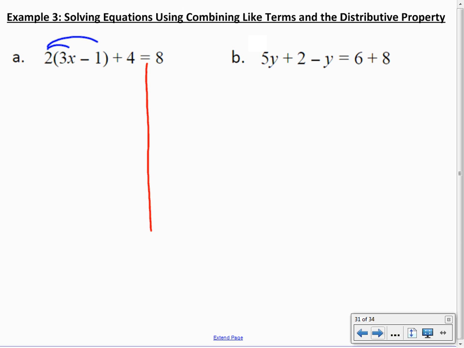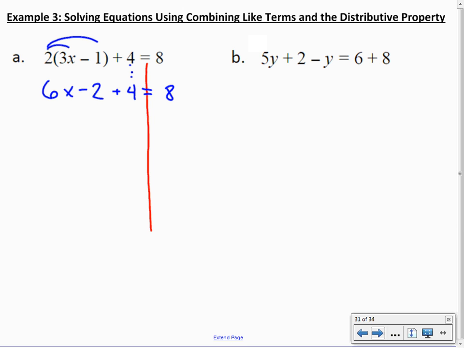Very first thing. We're going to always start by distributing. So we get a 6x minus 2. And don't forget that this plus 4 needs to drop down. The 2 doesn't multiply or distribute to that plus 4 because it wasn't inside of the parentheses.